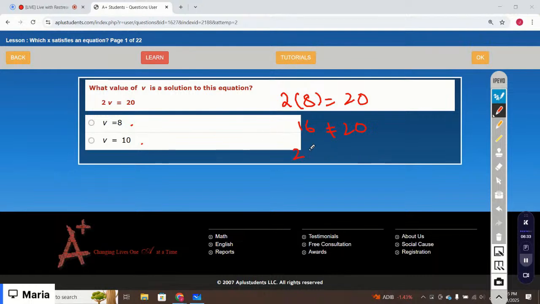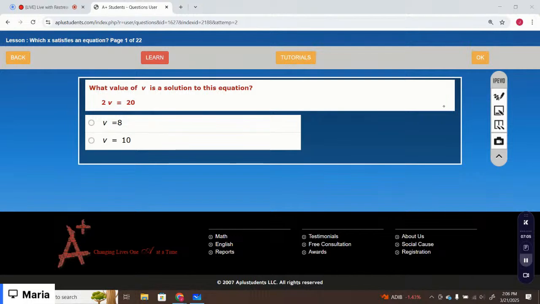Let's check the second one. 2 times 10 is 20, and 20 equals 20. They're exactly equal. That means the correct option is v equals 10. Option number 2 is the correct option.